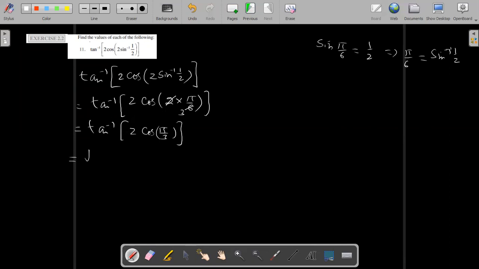So tan inverse 2 cos pi by 3. Substitute the value of cos pi by 3. Cos pi by 3 is 1 by 2. 2 and 2 will cancel. We get tan inverse 1. Tan inverse 1 is 45 degree, pi by 4.